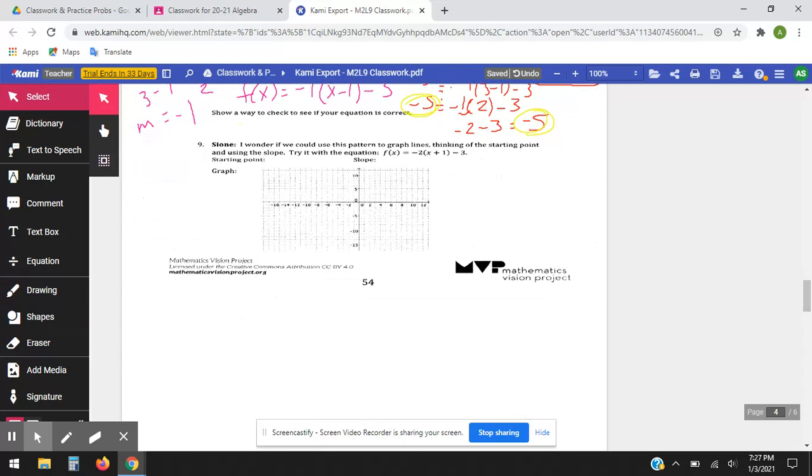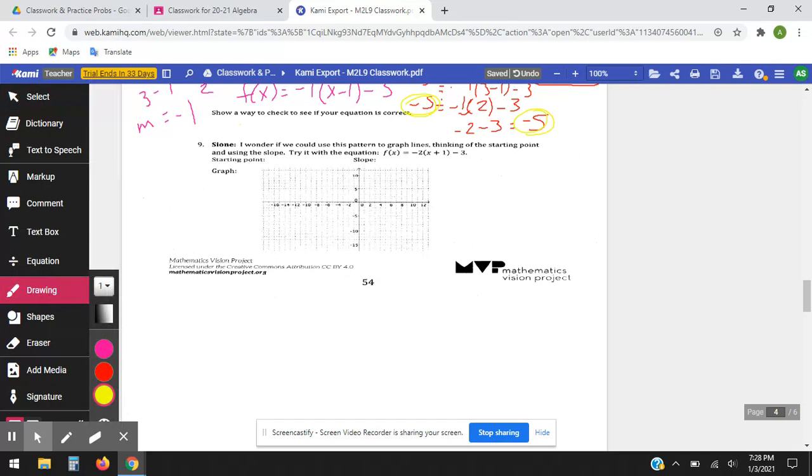One more here. This one. Zion says, I wonder if we could use this pattern to graph the lines, thinking of a starting point and using the slope. Try it with the equation f of x equals -2 times (x plus 1) minus 3. Well, we know our x and our y are in there, and -2 is our slope.